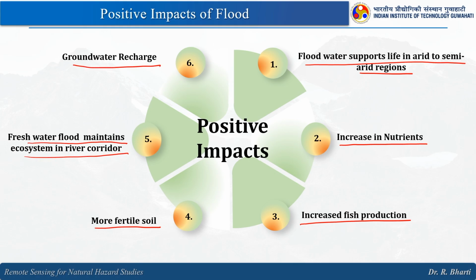These are some of the positive impacts of flood. It is also important to note that some areas are dependent on the flood. Every year they know that they will have the flood, and after the flood what benefit they will have, and that they are utilizing, right.